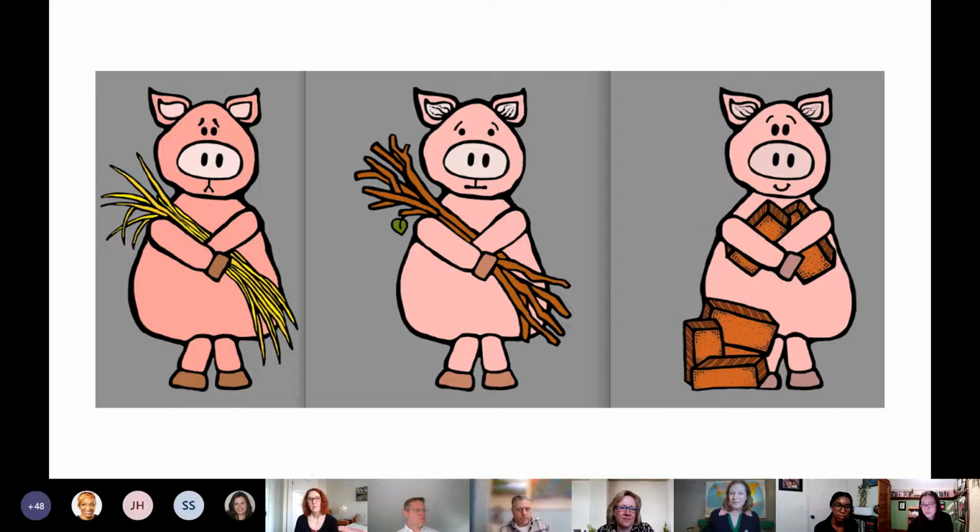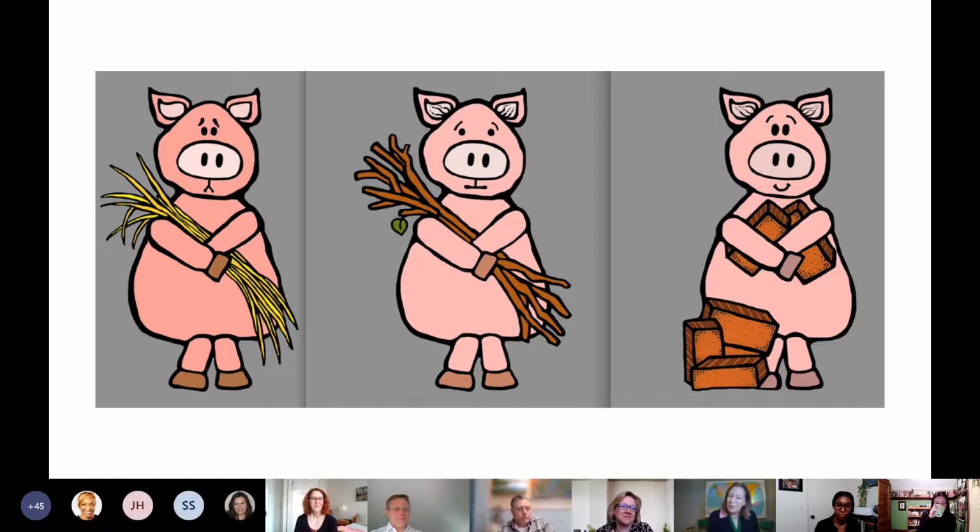So that little pig had to run into the next house where they had taken a little more time, made the house a little more sturdy out of sticks. But you know what happened? The wolf came along, huffed, puffed, blew it down, and suddenly there were 2 pigs without a place to go. But that third pig had worked so hard while his siblings were just kind of hanging out by their pools, by their straw and wood houses.